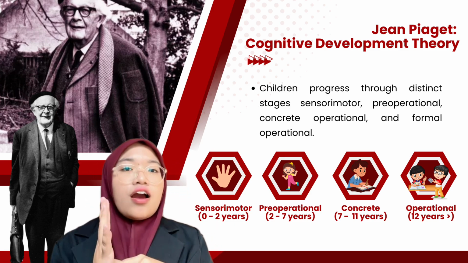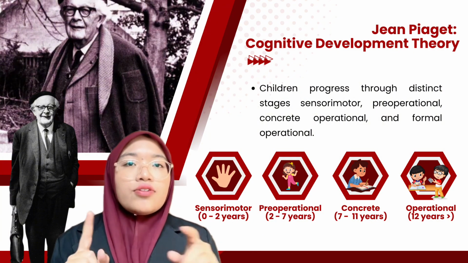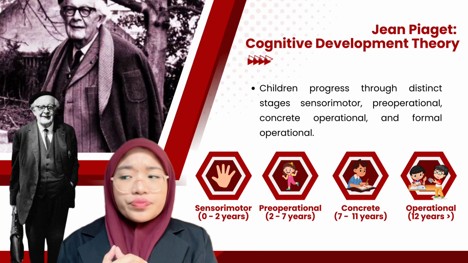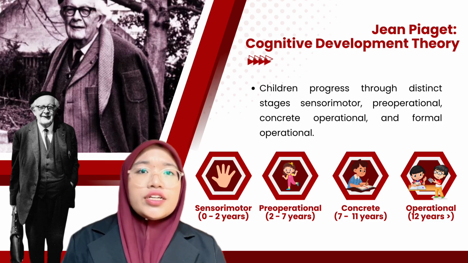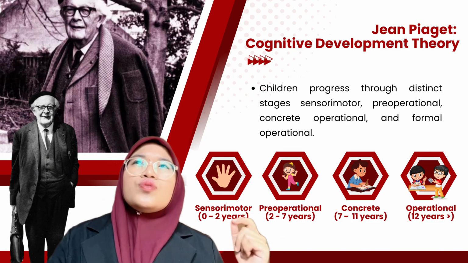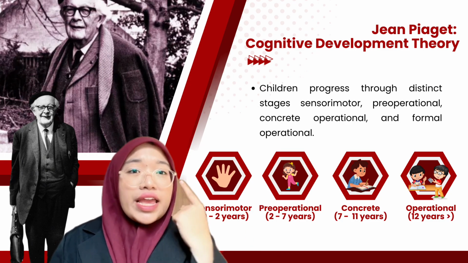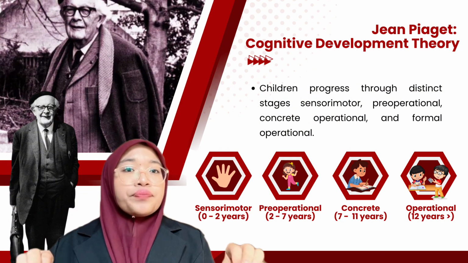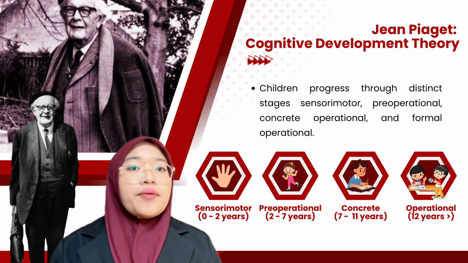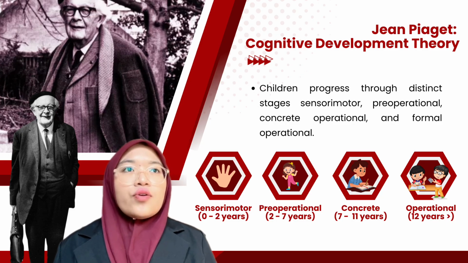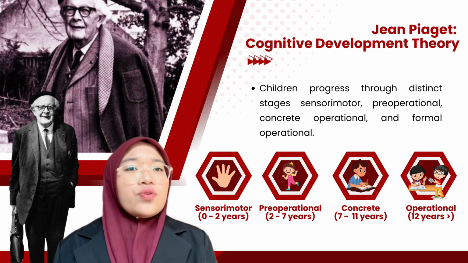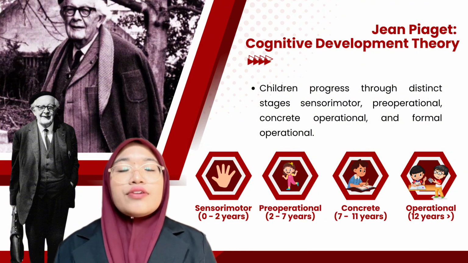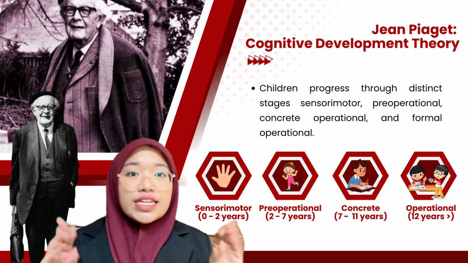So the concrete stage is from 7 to 11 years old, which is primary school. At this stage, they need to know something by looking or touching. That will make it easier for them to understand. As we know, we can understand better if we use a lot of our senses.